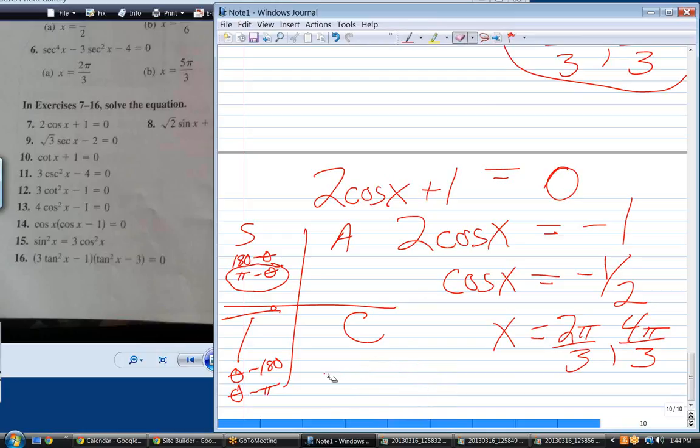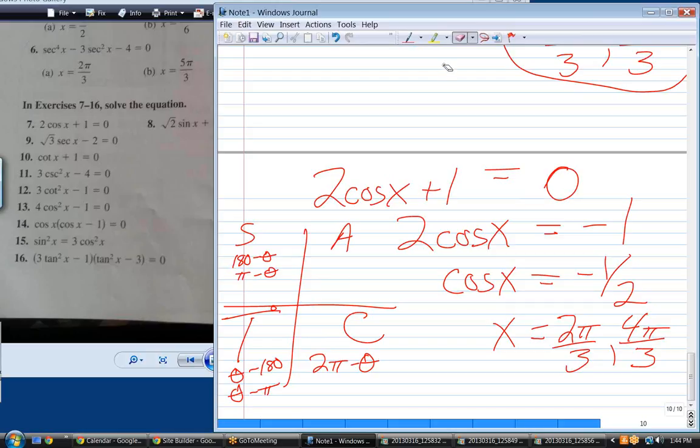So if you have these memorized from your unit circle, and this one is 2 pi minus theta in the fourth quadrant, you can always answer these questions if you have this diagram memorized.